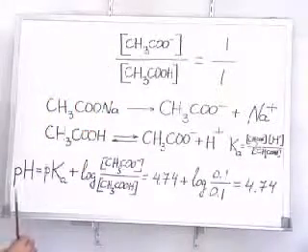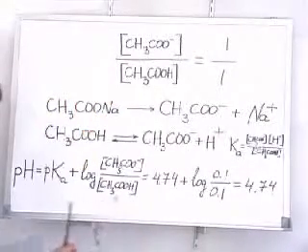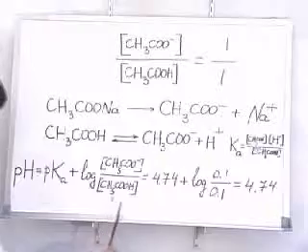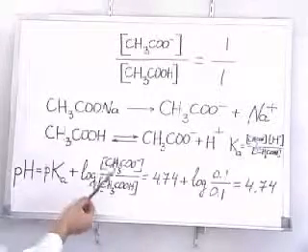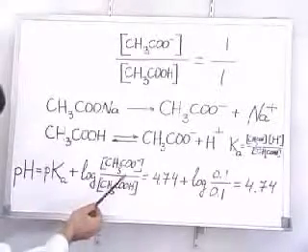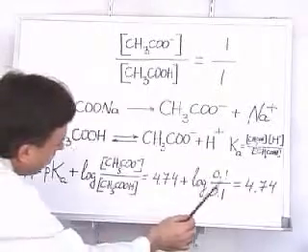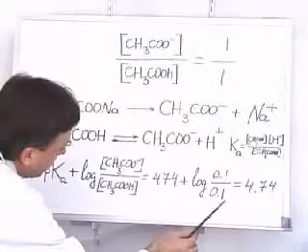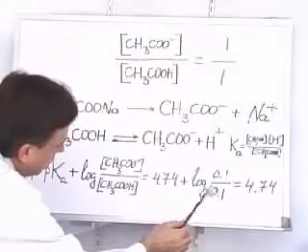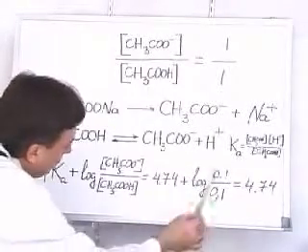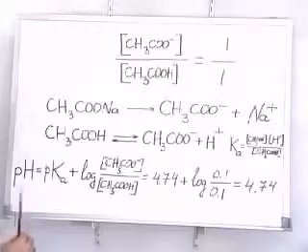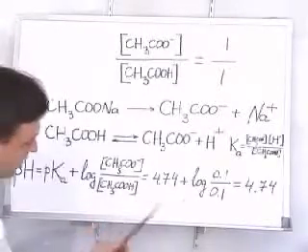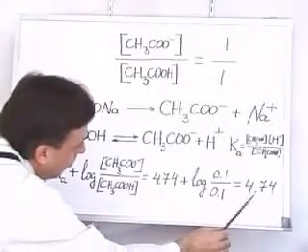We can now use the already derived expression for the pH of such solution with the modified ratio between these components. Now we have 0.1 molar acetate over 0.1 molar acetic acid. It's a 1-to-1 ratio. Logarithm of 1 is 0. So we obtain pH of this prepared solution is 4.74.